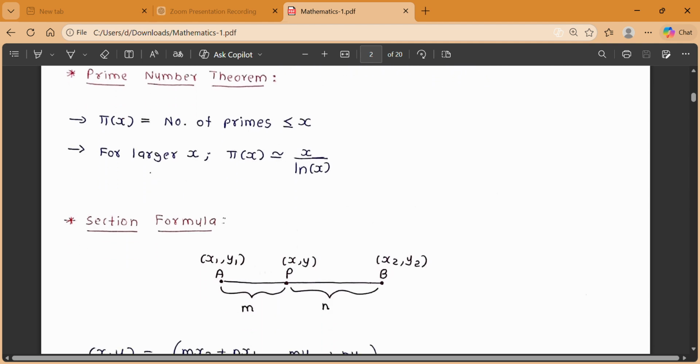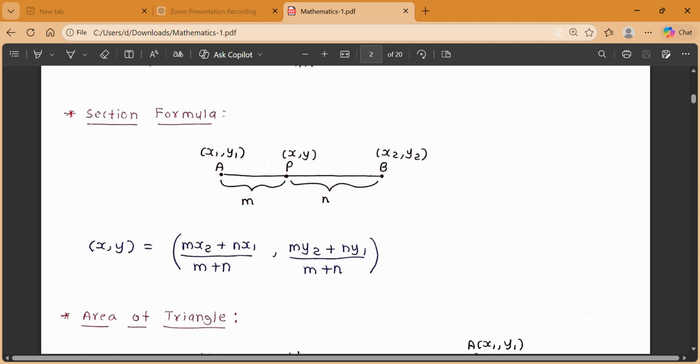And the section formula. The section formula: A and B are the points, with P dividing in the ratio m to n. A is (x1, y1), B is (x2, y2), and P is (x, y).